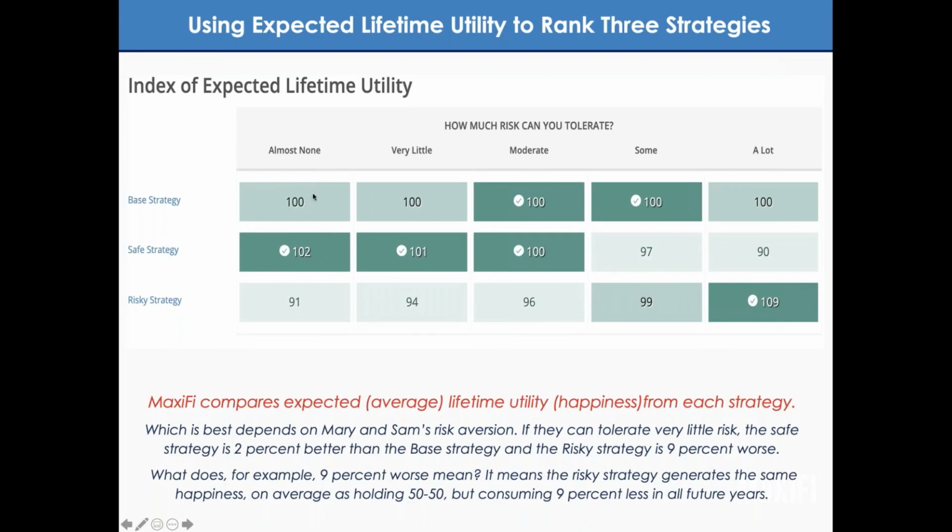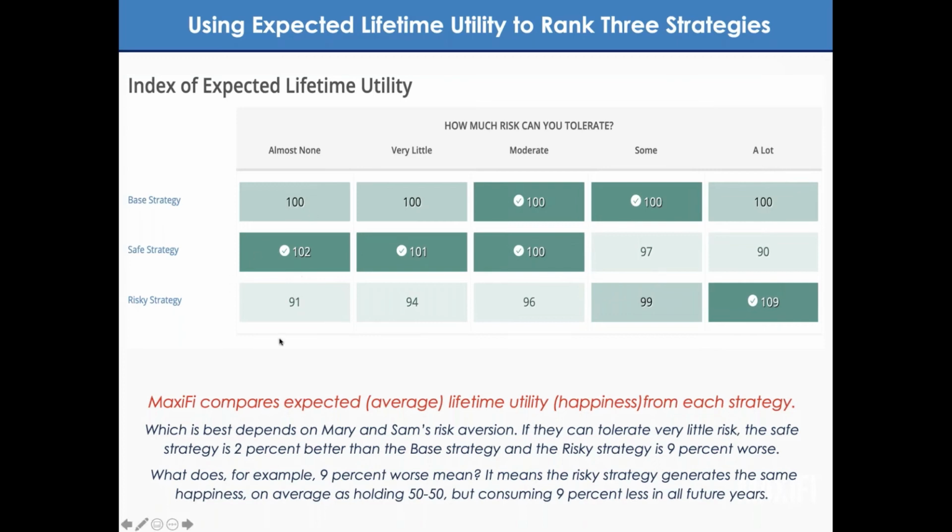And we measure that in terms of, gee, if I were stuck with the base strategy, you'd have to give me 2% more consumption or higher living standard in all circumstances to have the same average level of happiness that I would have if I were able to invest in the safe strategy. So it's what economists call a consumption equivalent measure. And then look at the risky strategy.